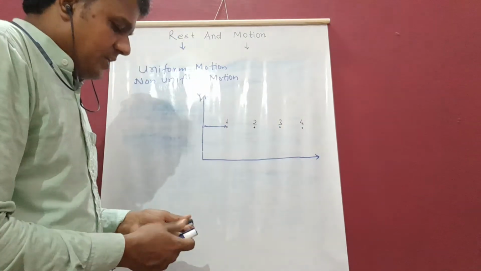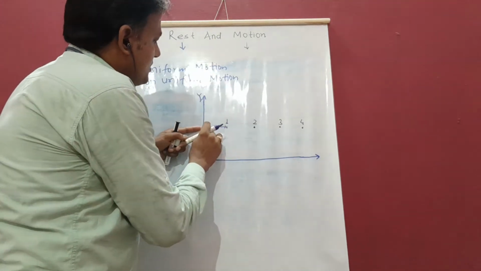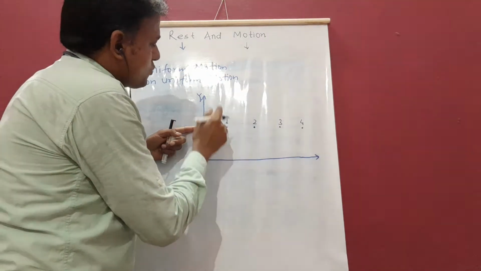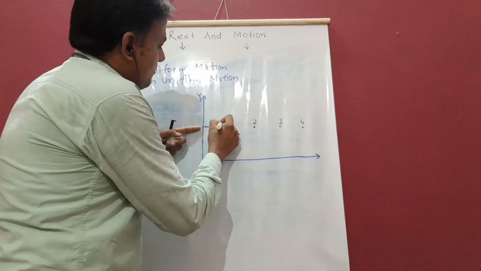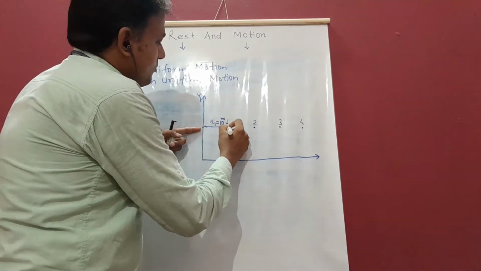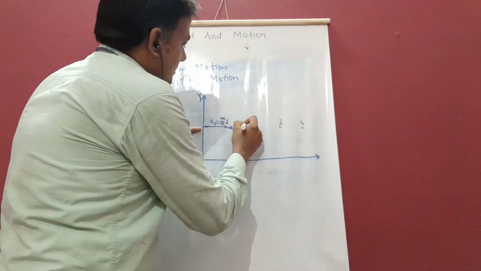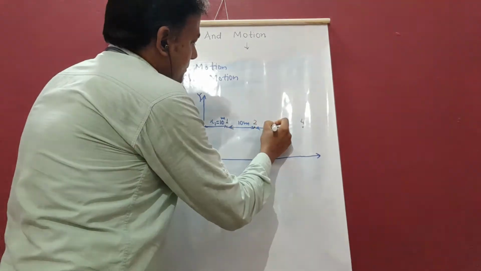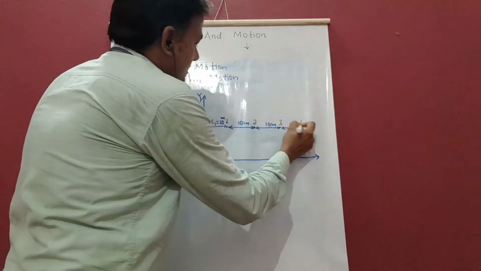Okay, so here if you see the distance from the y-axis to 1 is x1 and it is represented as 10 meter. From 1 to 2 it is also 10 meter. 2 to 3 it is also 10 meter. 3 to 4 again it is 10 meter.